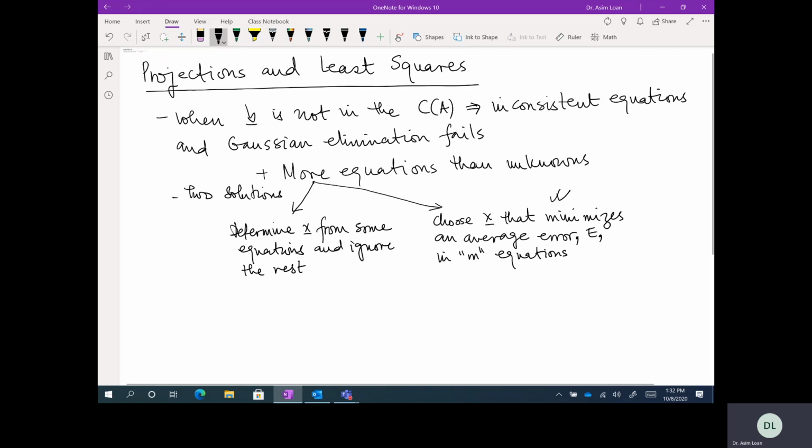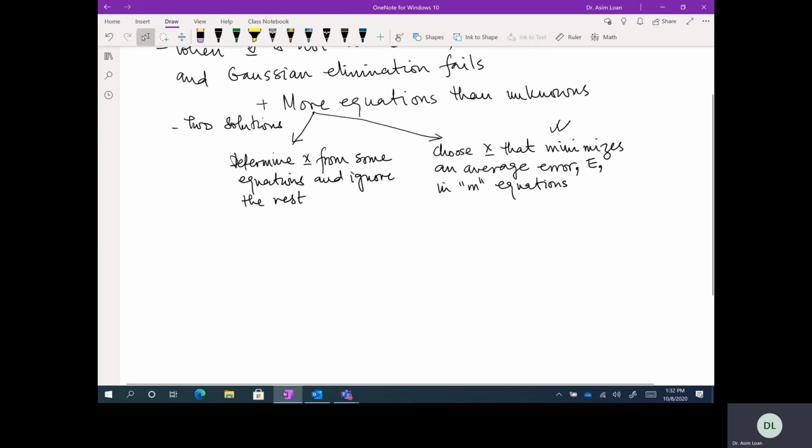So this is the path we are going to adopt. We are going to try to minimize the error and then figure out what the solution is.